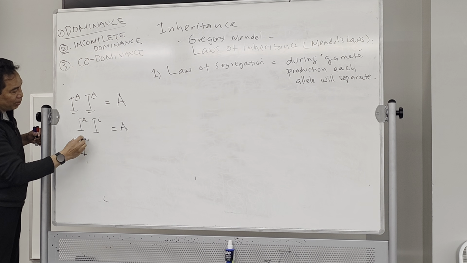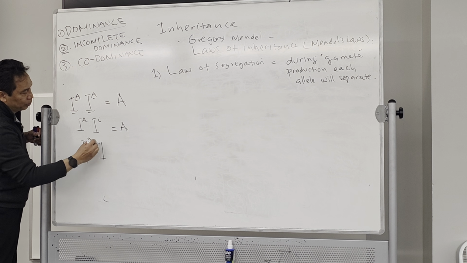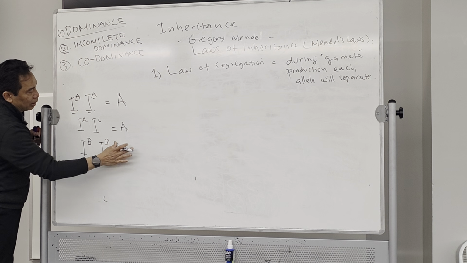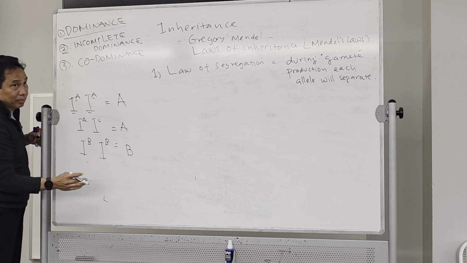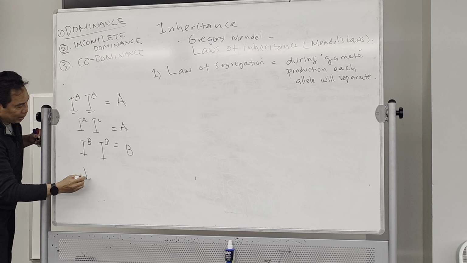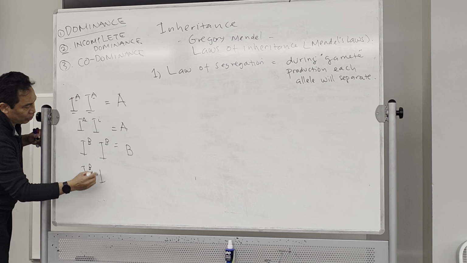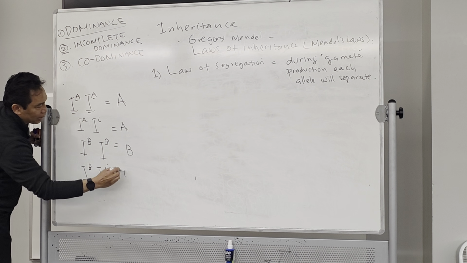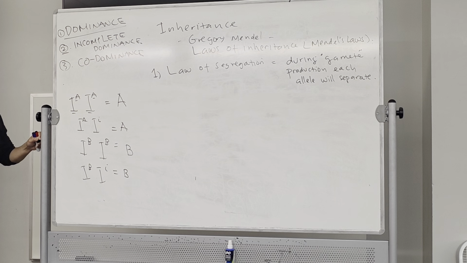Okay, let's say this person is blood type B. This one is also B blood type, but it's not that strong because it carries a little i.